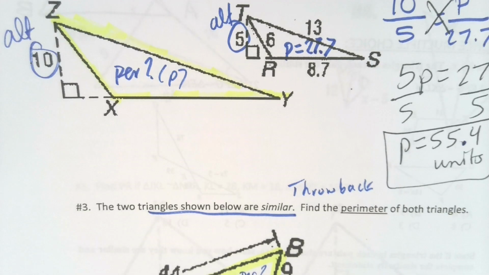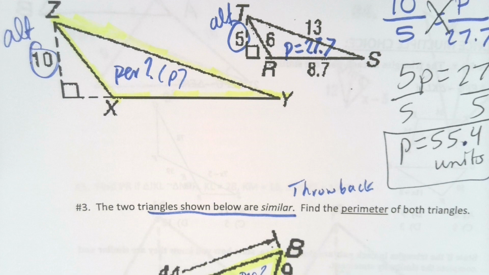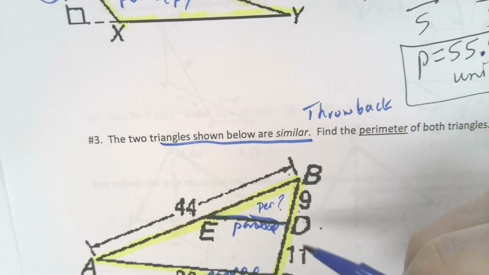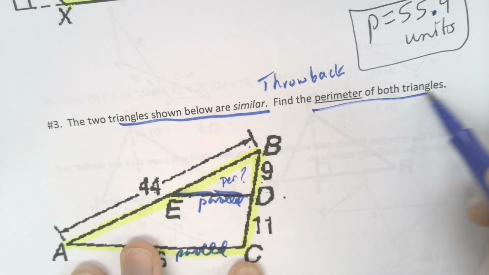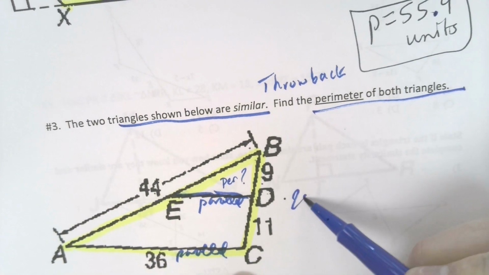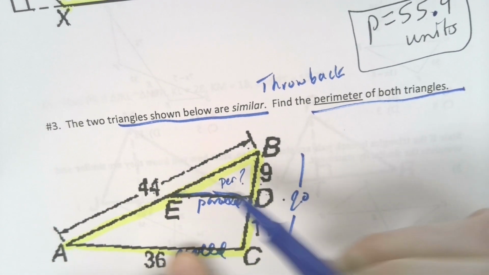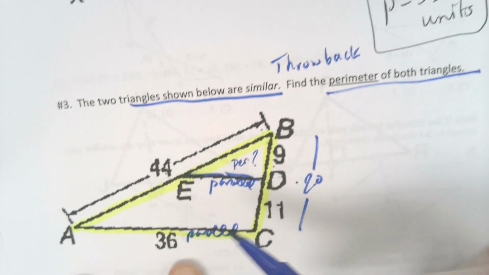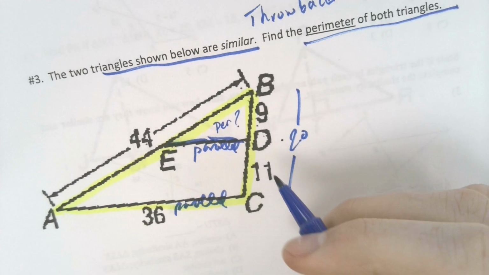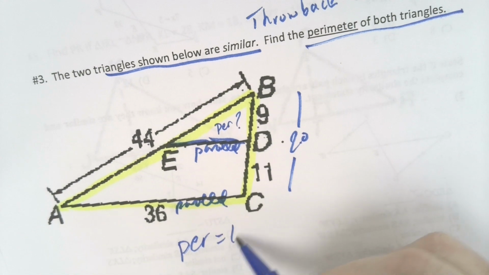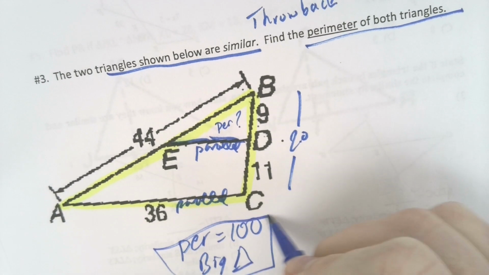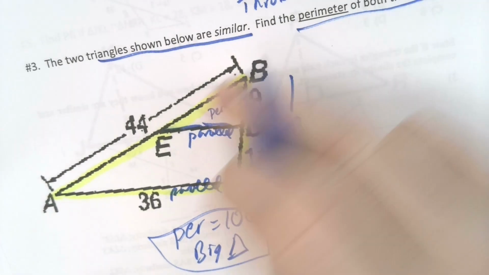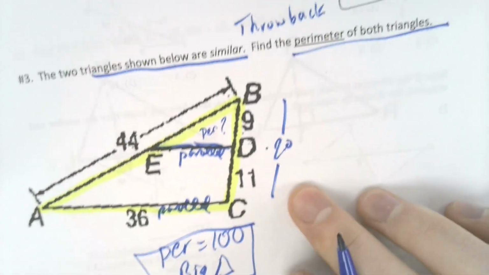And then the last one, this one is definitely the most difficult, the one with the most work. So we need to figure out the perimeter of both triangles. The good news is we know this whole side is going to be 20. So 20 plus 44 plus 36, perimeter is 100 for the big triangle. So we were able to find that just by adding up our 3 sides.